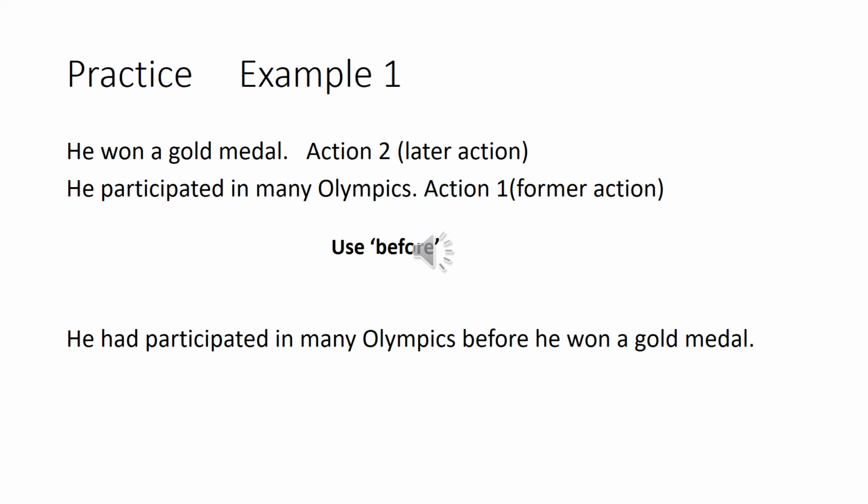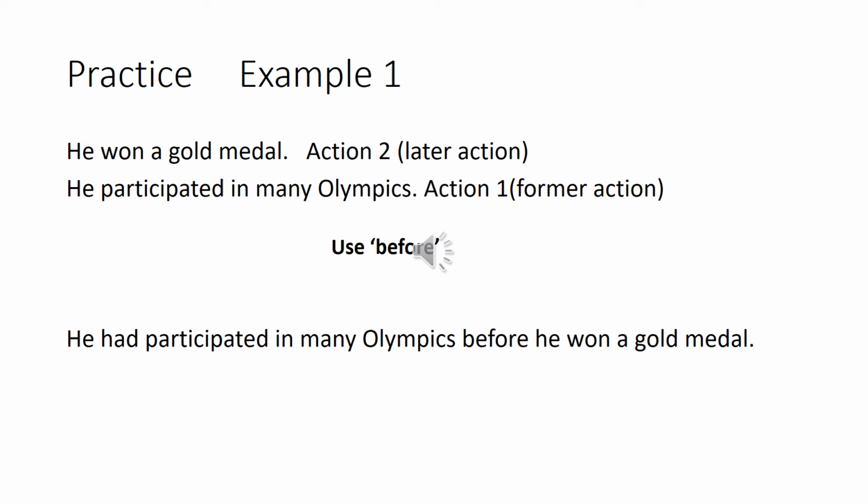Here you have some practice exercises. One sentence has been given: he won a gold medal. That's a past action. In brackets I have given a later action, right? It's a later action, or action 2. In the second sentence, he participated in many Olympic games or sports. As you wish, you can extend that sentence.